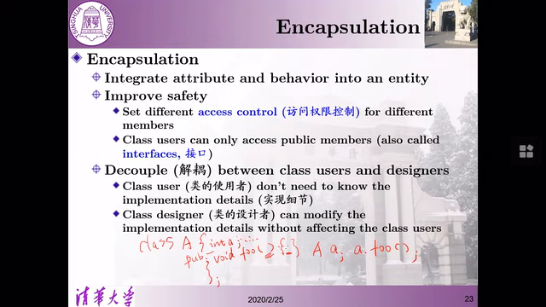If you want to change the implementation, you do not need to worry about the usage, because you only expose the public interface to the class user. As long as you keep the interface the same, there is no worry about the class users. You just re-implement this function body. That's fine. So this decouples class users and class designers.